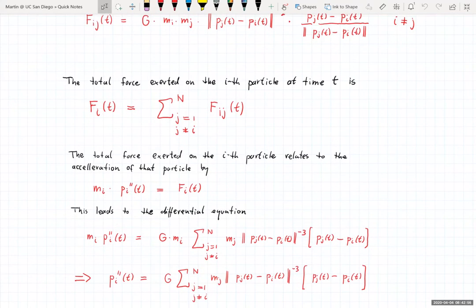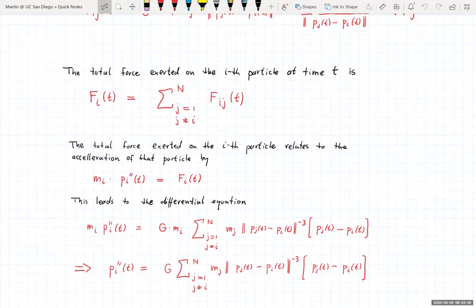Okay, now we again have all the ingredients to set up a system of ordinary differential equations of second order.